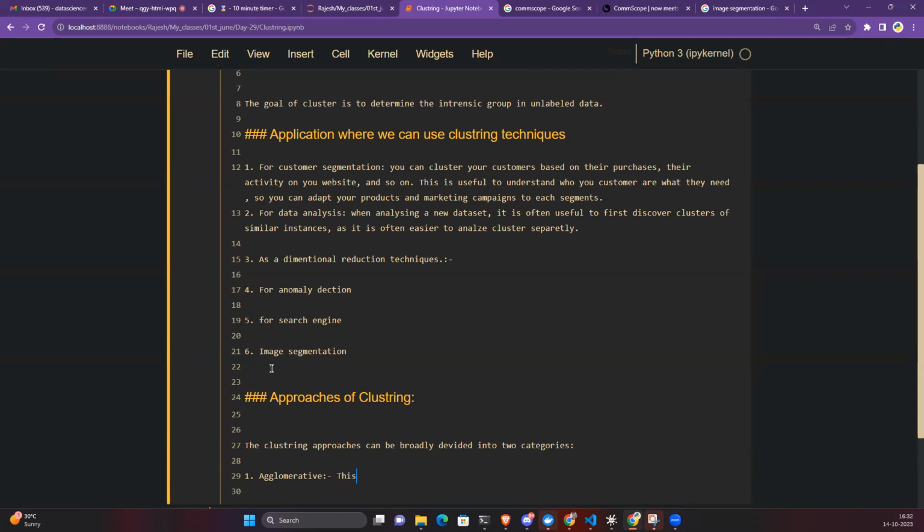What is this agglomerative? This approach first considers all the points as individual clusters and then finds out the similarity between the two points.